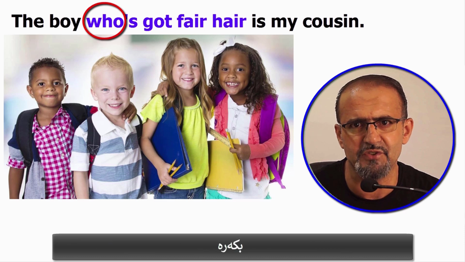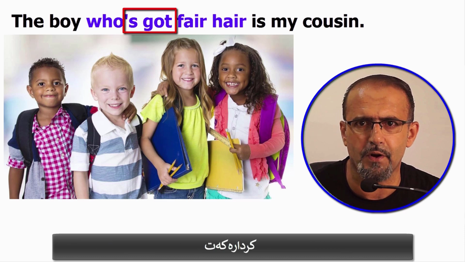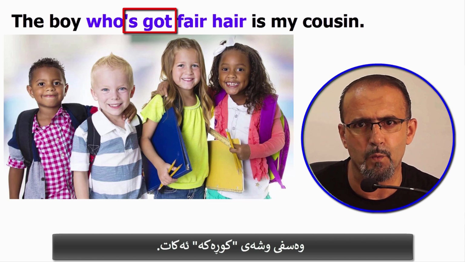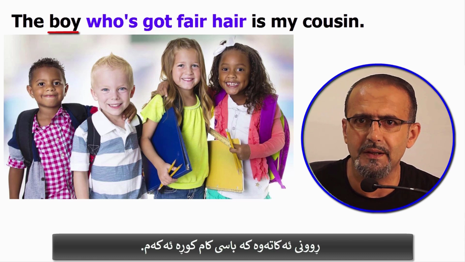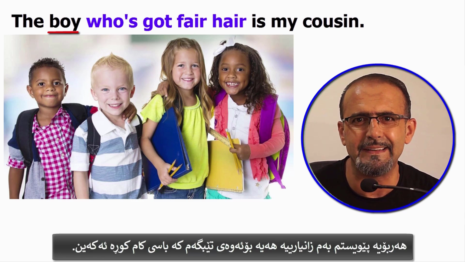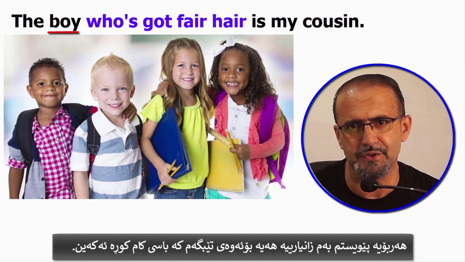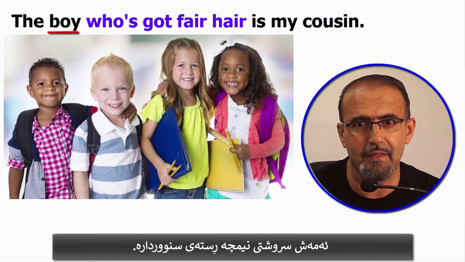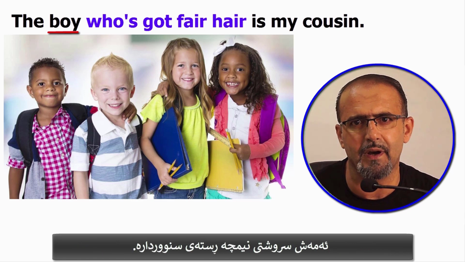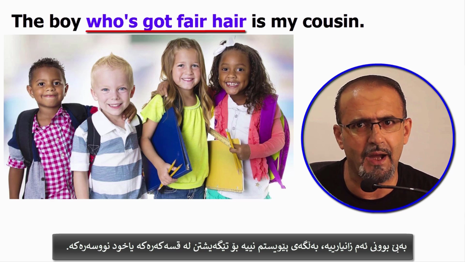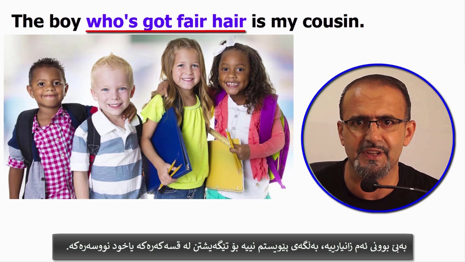Who, the subject, has got is your verb, and it's describing or modifying the word boy. It's explaining which boy I'm talking about. So I need this information in order to understand which boy we're talking about. Okay? And that's the nature of a defining relative clause. Without this information, I don't have enough to understand the speaker or the writer. Alright?